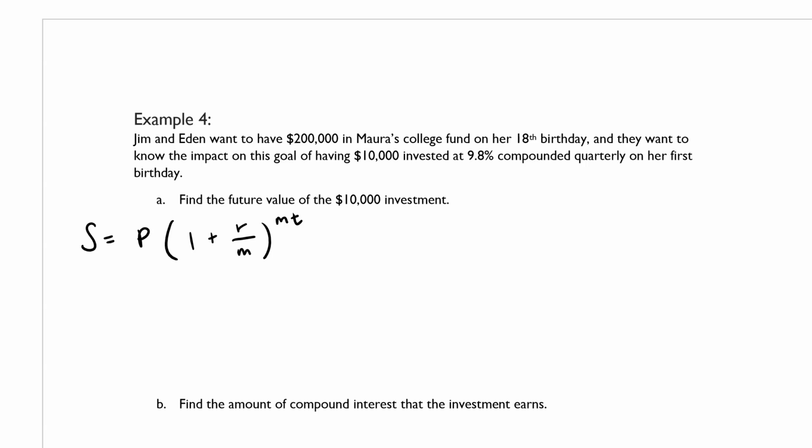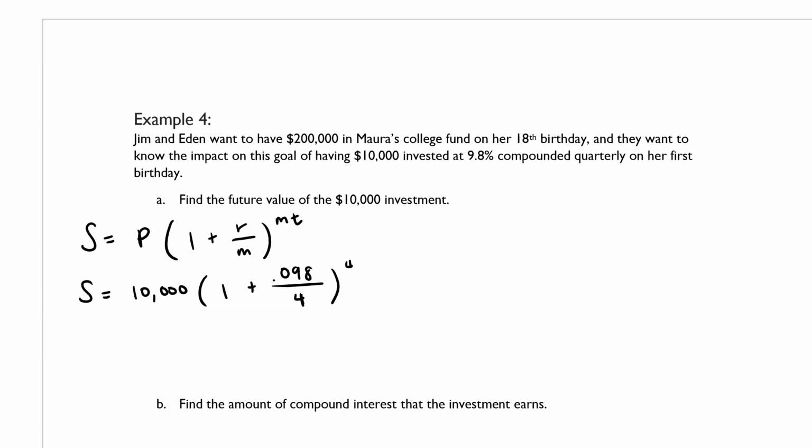And what values do we know here? Well, we're trying to find S. We know that the initial investment is $10,000. We know that the interest rate is 0.098. And since we're compounding quarterly, that means that we are compounding 4 times per year.